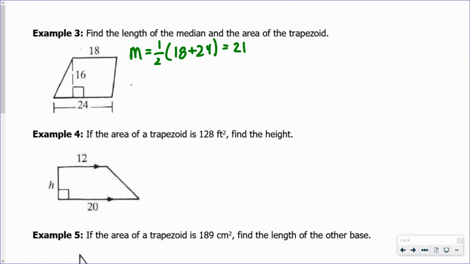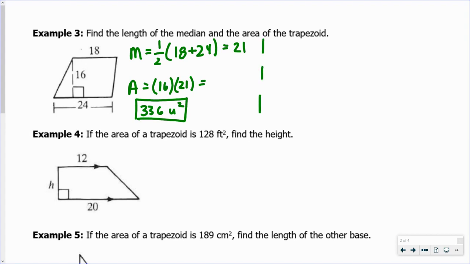To find the area of this trapezoid, we can do 1/2. I'm sorry, not 1/2. It is just the height times the median. So the height is 16 times the median, which is 21. And that gives us a total area of 336 square units.